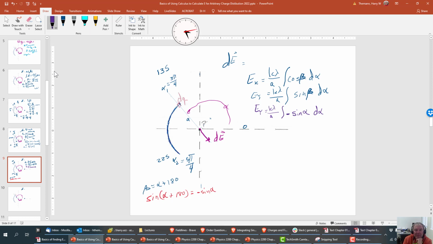So that means if we integrate sine, we get negative cosine, but we have a negative sign, so we end up with cosine of alpha from 135 to 225.